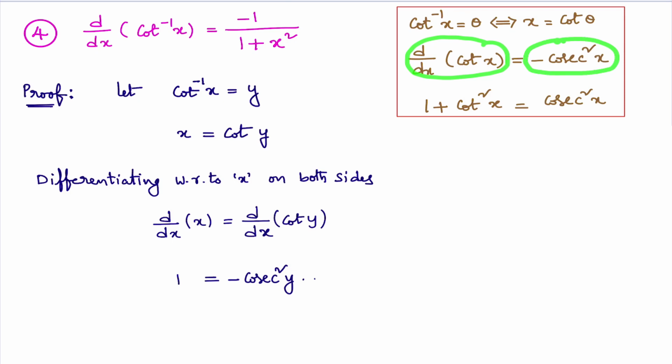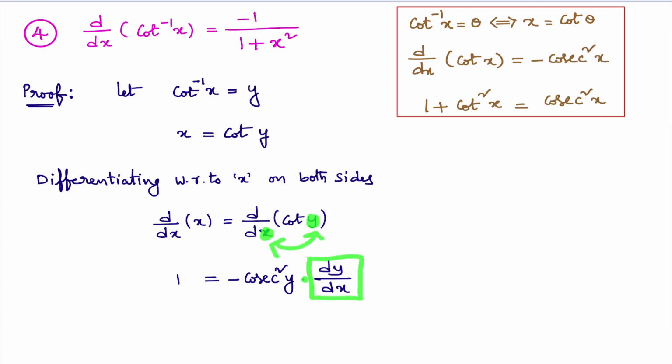As you know this formula, derivative of cot y you write as minus cosecant square y into dy by dx, because the function is in terms of y and we are differentiating with respect to x. In the beginning I said, as you consider this as y, we are trying to calculate dy by dx. You observe here, I got dy by dx in this equation.